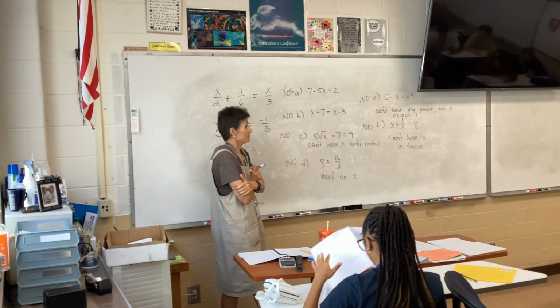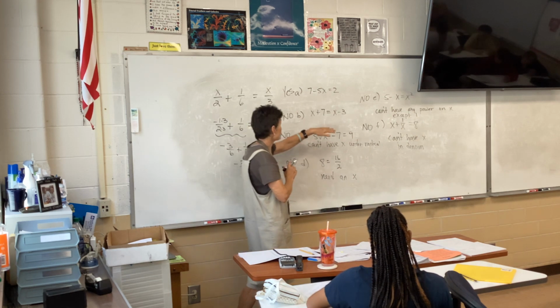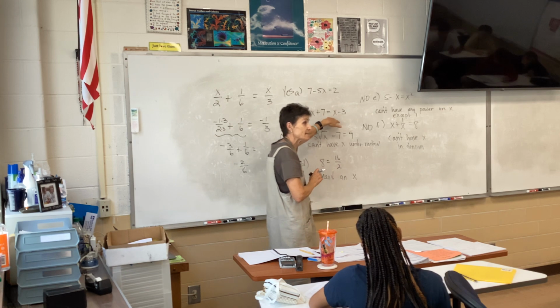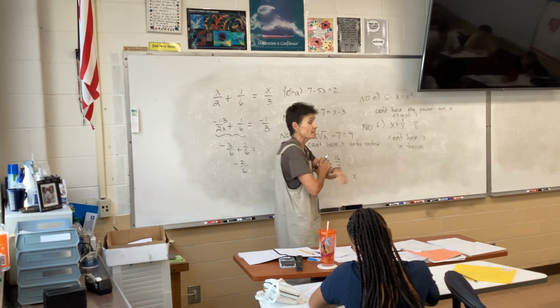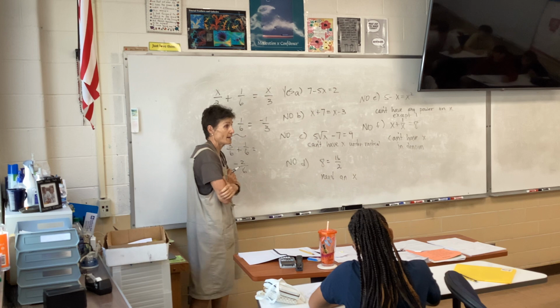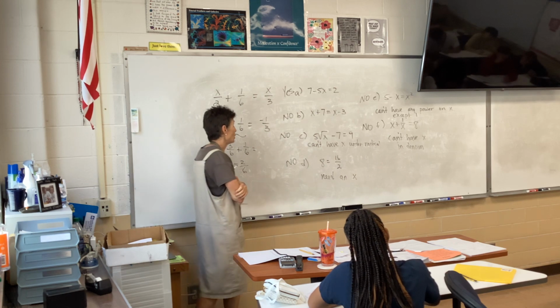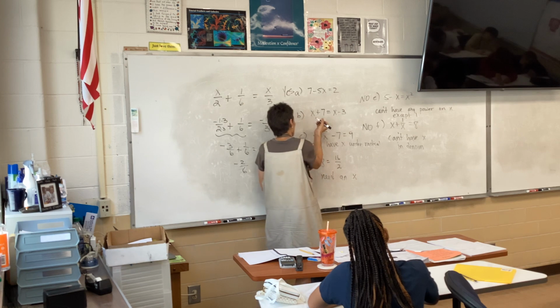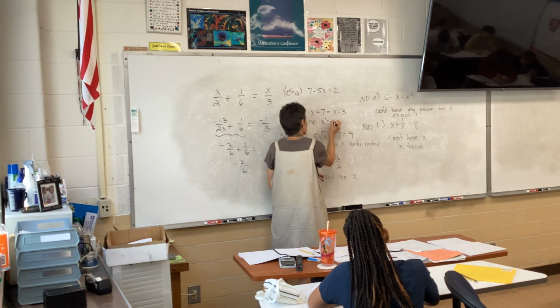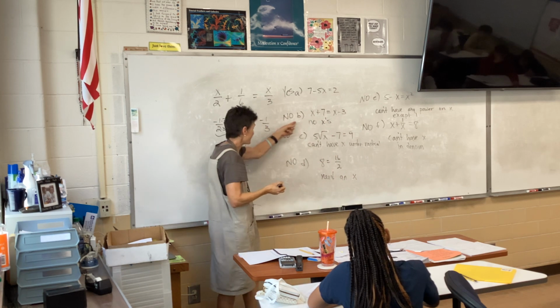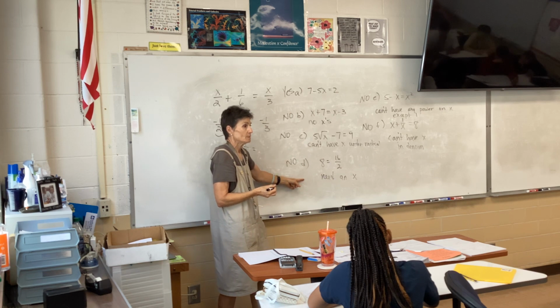Just 2 numbers. Nonsense. Because the two numbers would say 7 equals -3, which we know is not true. So that's a no, because basically there are no x's. You need an x, right? It's kind of like this one down here. You need an x.